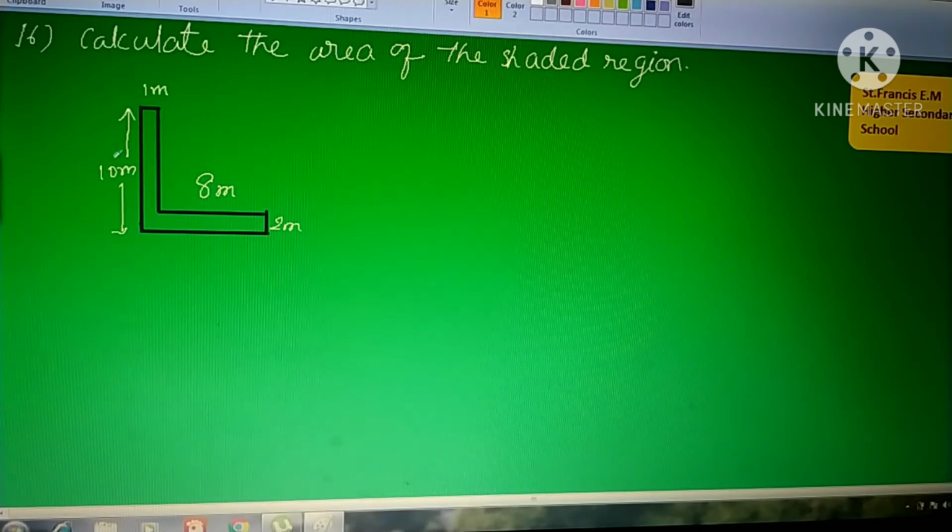So 10 meters length they have given, so I will draw one line here. Now observe, this is one rectangle, this is another rectangle. Okay, rectangle 1 and this rectangle 2. So from one figure we formed two rectangles.